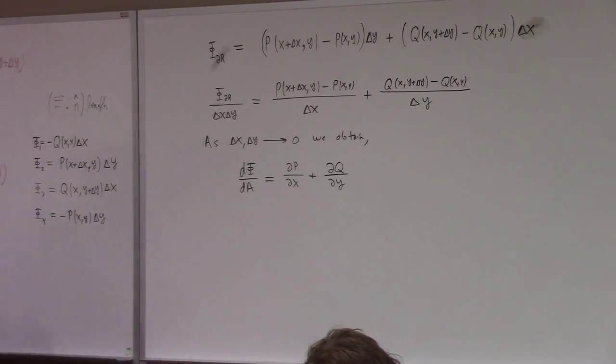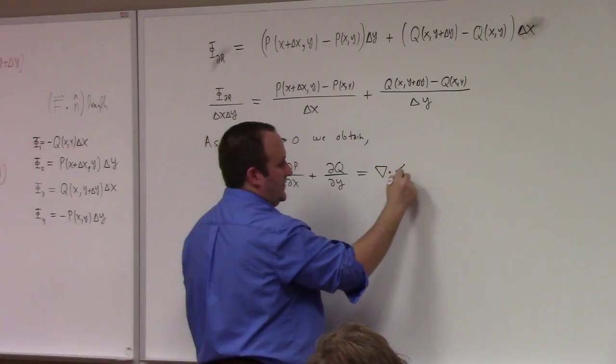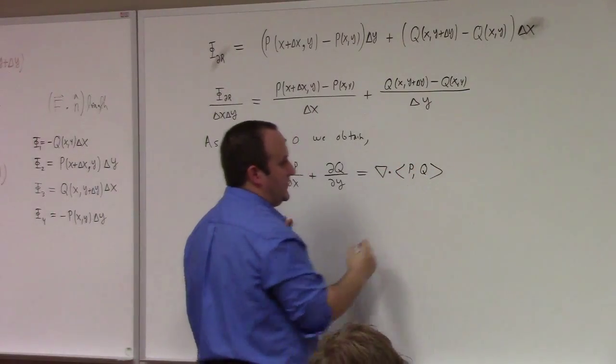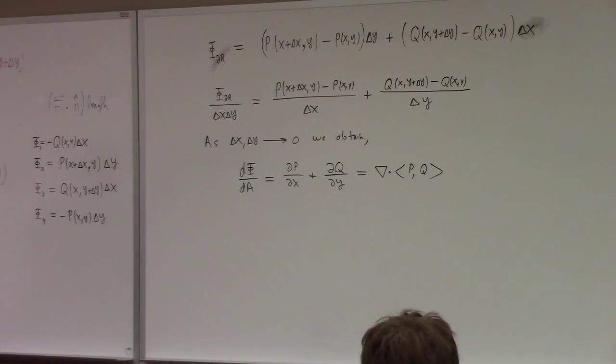Which we can recognize as being the divergence of the vector field PQ. See, so the divergence measures how the flux diverges around a single point, close to a point, for a given vector field.